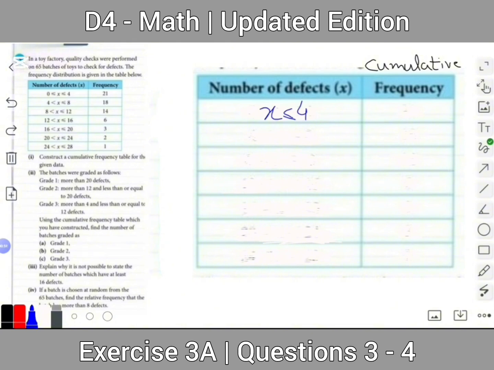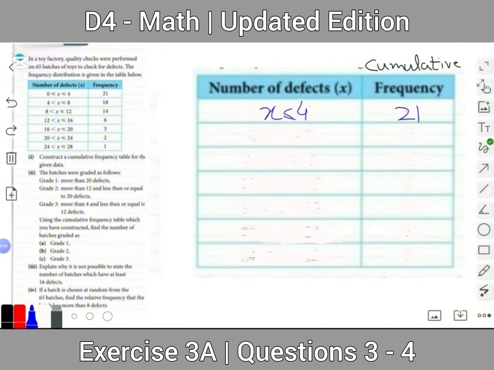From 0 to 4, number of defective toys with a frequency of 21. But here there are changes. Now we are going to look at the next entry, from 4 to 8, with a frequency of 18.